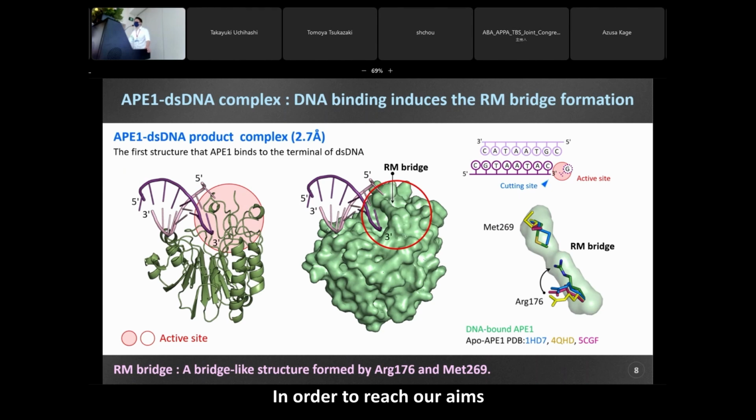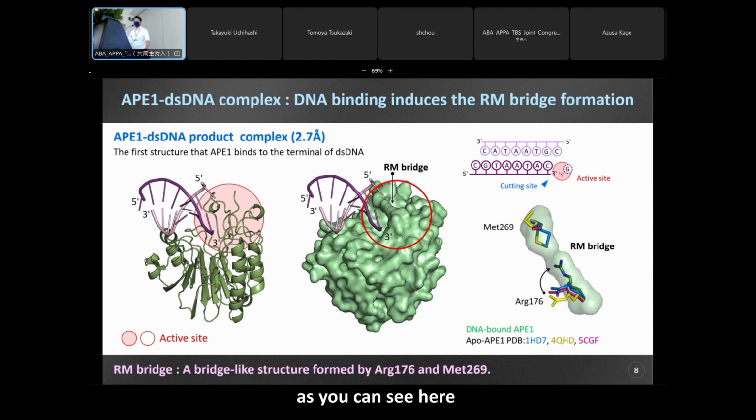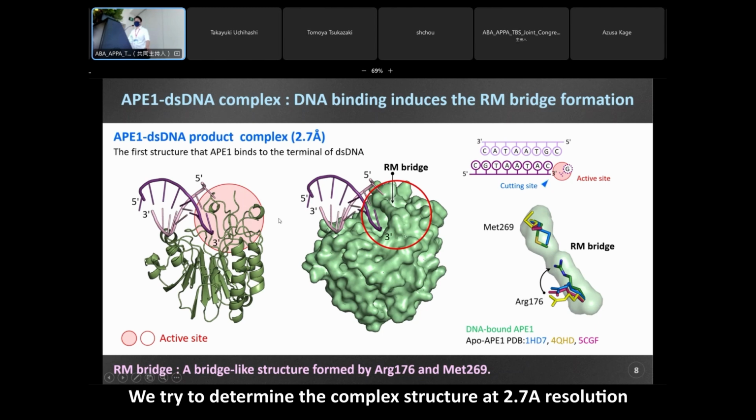So in order to reach our aims, first we tried to determine the APE1 double-strand DNA complex structure, at 2.7 angstrom resolution. As you can see here, APE1 binds to the double-strand DNA in a terminal binding mode.